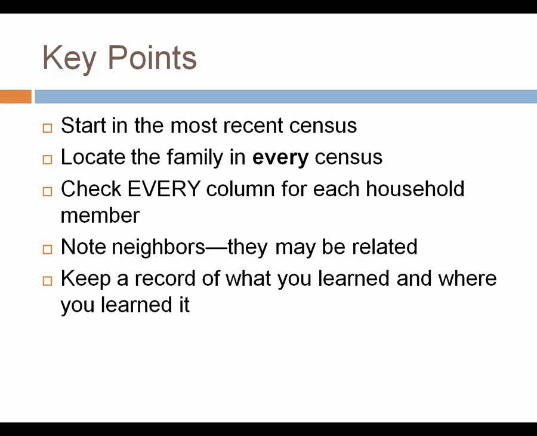You also want to note down the neighbors. We didn't talk about this, but we will be doing that later in future videos. Neighbors, especially when you get into rural areas and earlier censuses, are often related to your ancestor. People in rural communities lived near people they knew, near families.